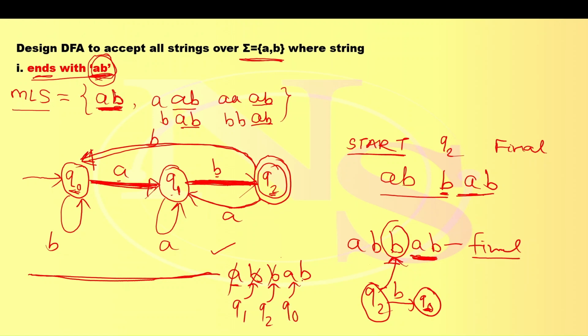Q0 reading A again, going to state Q1. Q1 reading B, going to state Q2. So at the end, the automata is in state Q2. Our string is completed. Automata is in state Q2. Q2 is our final state. Hence this string is accepted. And this becomes our final answer.